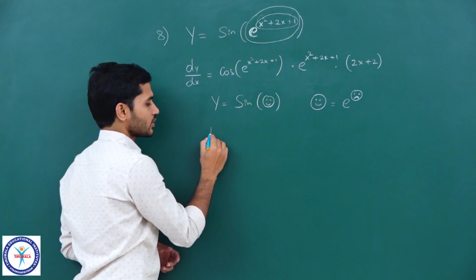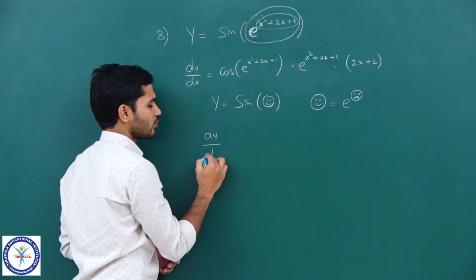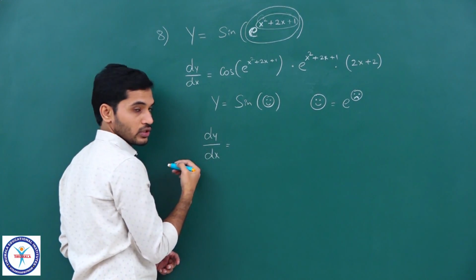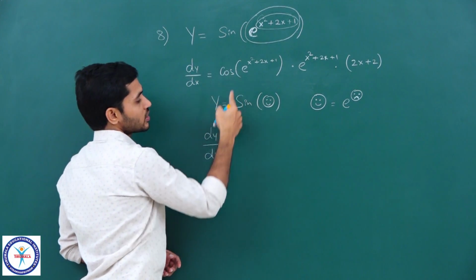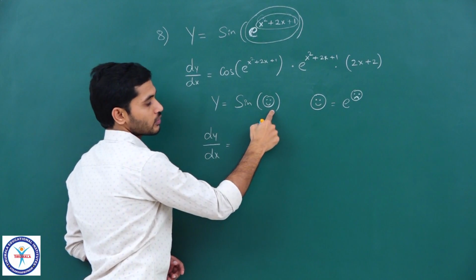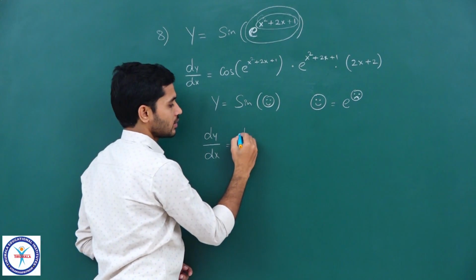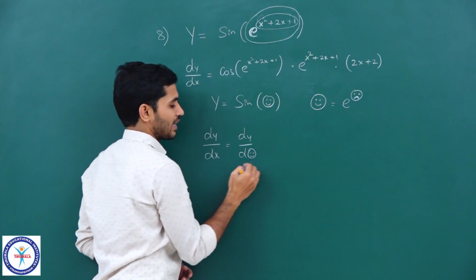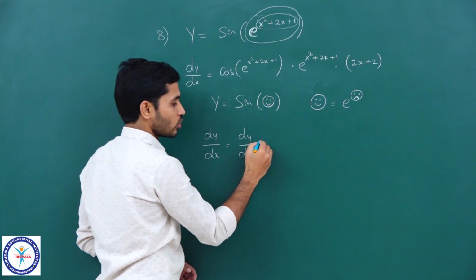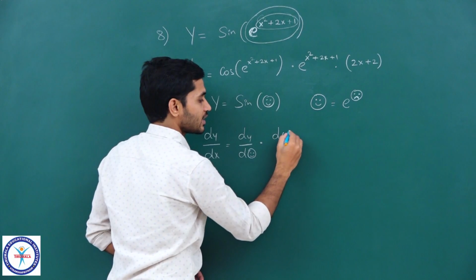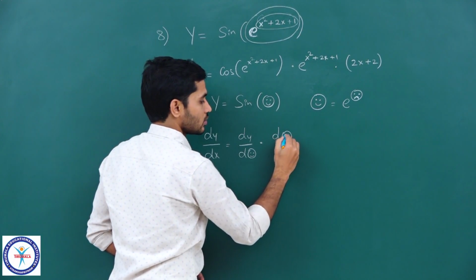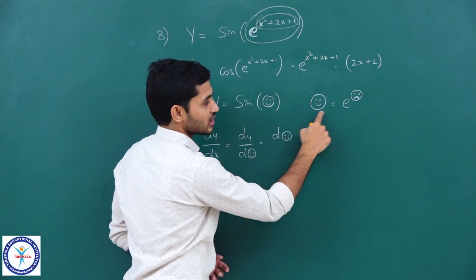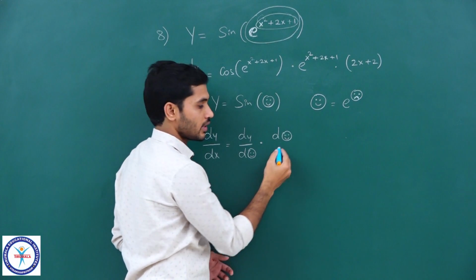So, what I am going to do is dy by dx is equal to, first I am going to differentiate y with respect to smiley, right. So, I will get dy by d smiley, but I need to cancel this d smiley. So, what I will do? I will differentiate smiley. Now, smiley is a function of frowny, right.